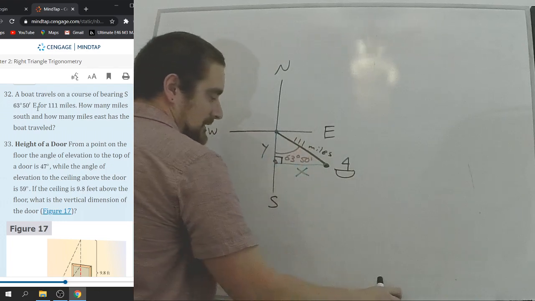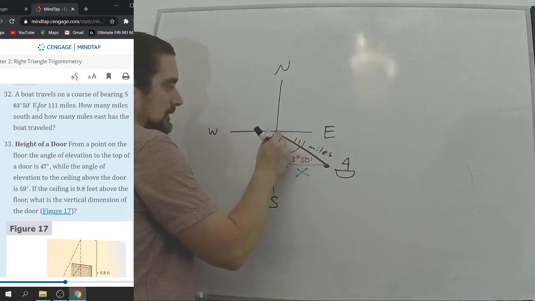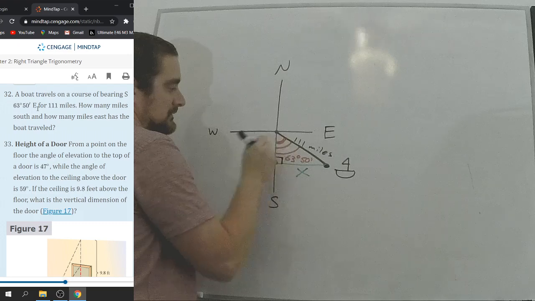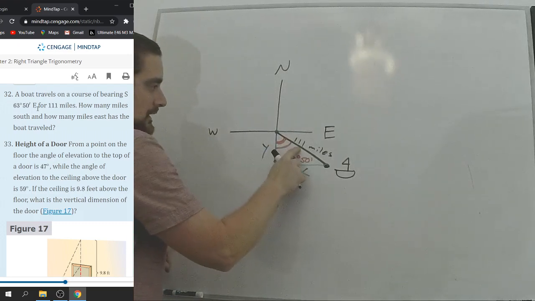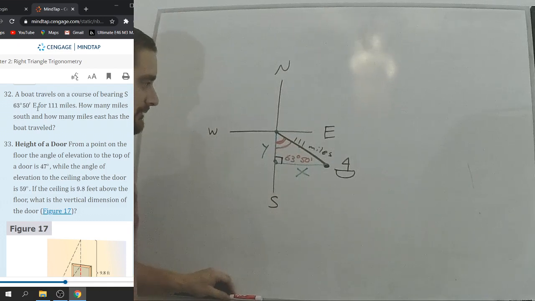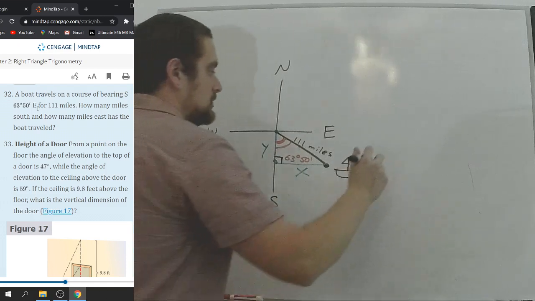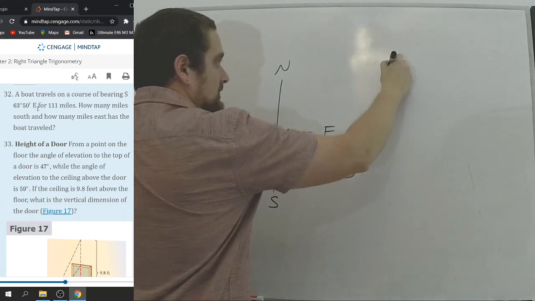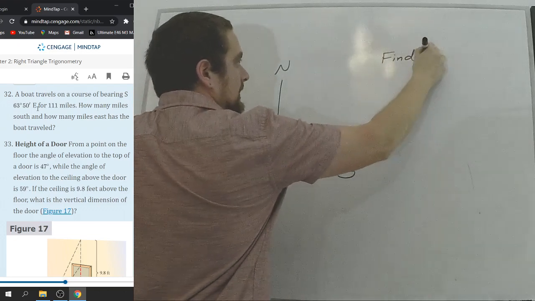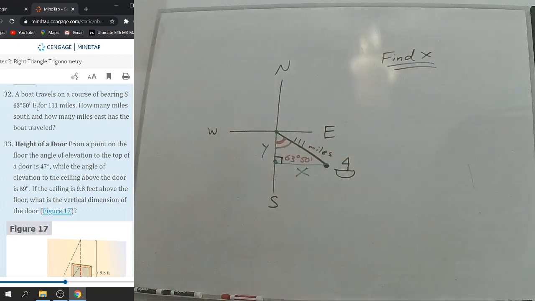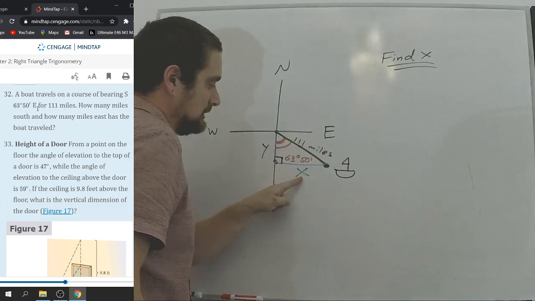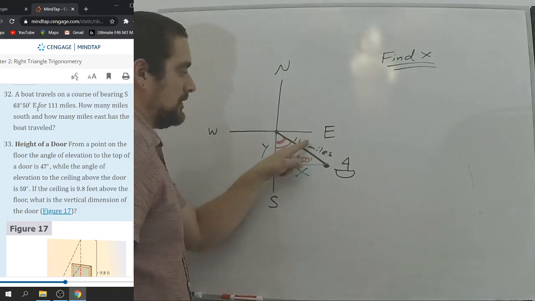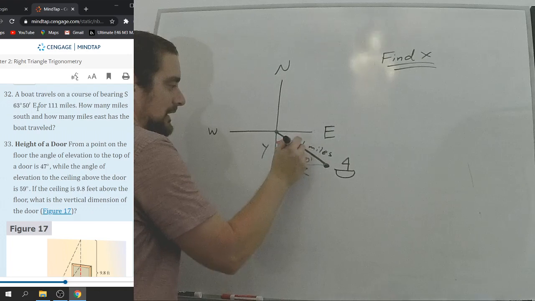And the angle that we're dealing with, maybe I made it a little large here, is this angle from the south line turning eastward 63 degrees and 50 minutes. Don't worry about the minutes because the calculator can do the minutes. So let's say we want to first find X, which is the distance traveled east. What we'll do is we'll take that angle. From that angle, we've got an opposite side, which is X, and we also have the hypotenuse 111.